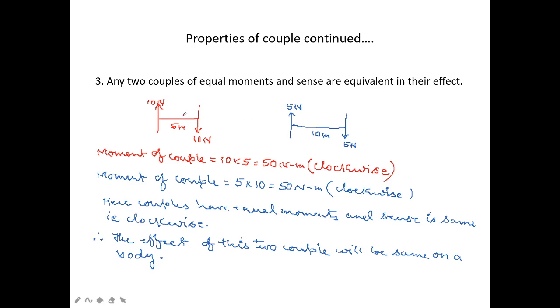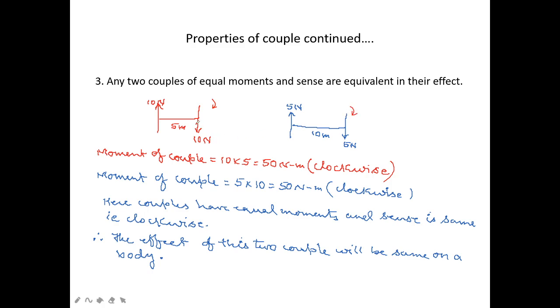In these two figures, the moment of this couple is 50 Newton meter, and what is the sense? Sense is clockwise. Here also, the moment of this couple is 50 Newton meter, and the sense is again clockwise.